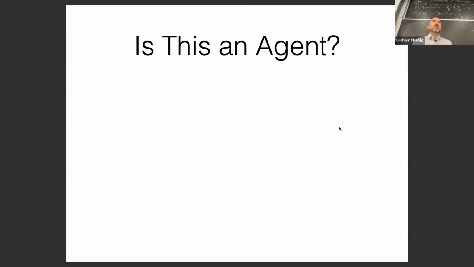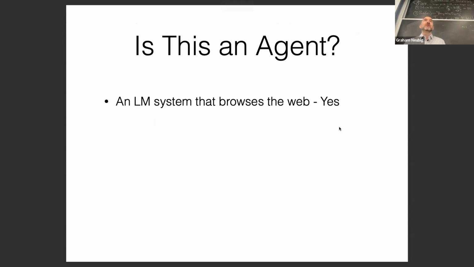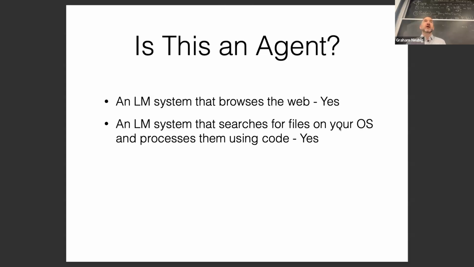So if we think about whether one of these things is an agent, it's not actually super important, but take an LLM system that browses the web. That's probably yes, because it is iterative. It's interacting with the outside world by using a web browser. It's also using tools to access that web browser.